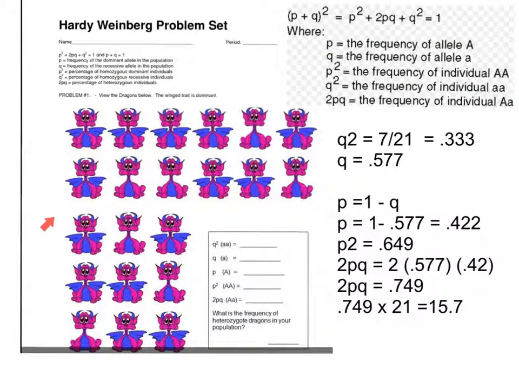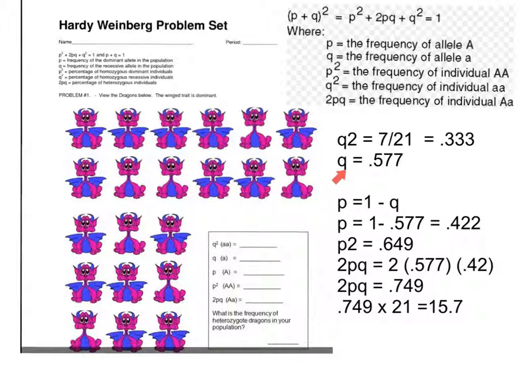Here we have a Hardy-Weinberg problem dealing with dragons, and it's dealing with the wings of dragons. Having wings is dominant to not having wings. When we count the number of dragons present, there are 21. When we count the number of dragons missing wings, we get 7. So to calculate our recessive, which would be our q squared, we take 7 divided by 21, and we get 0.333.